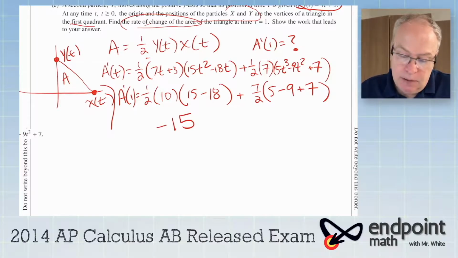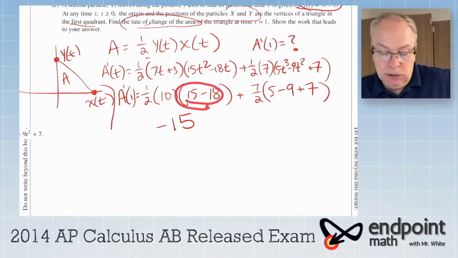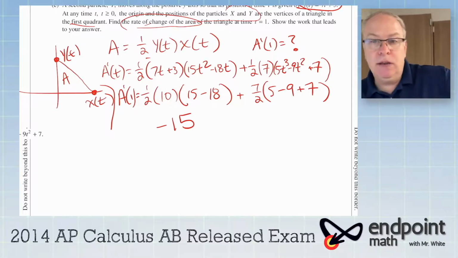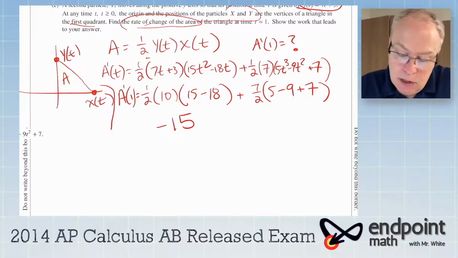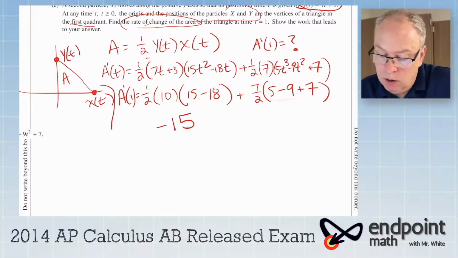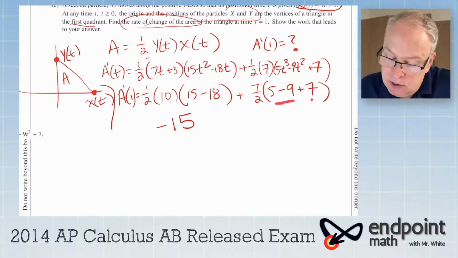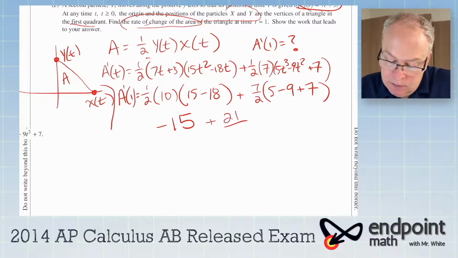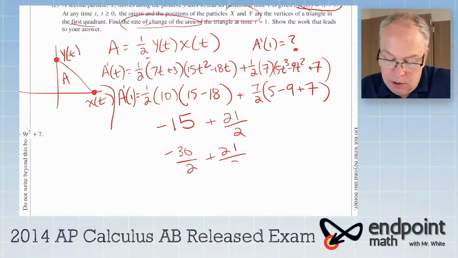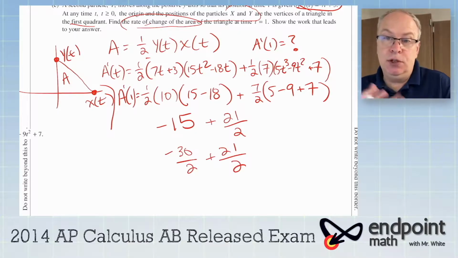Actually negative 15. Always do those calculations twice. This is negative 3 times 10, that's negative 30, divided by 2 is negative 15. Over here we have negative 4 plus 7. Negative 4 plus 7 is 3. So this would be plus 21 halves. You can't use a calculator, so you just be careful.